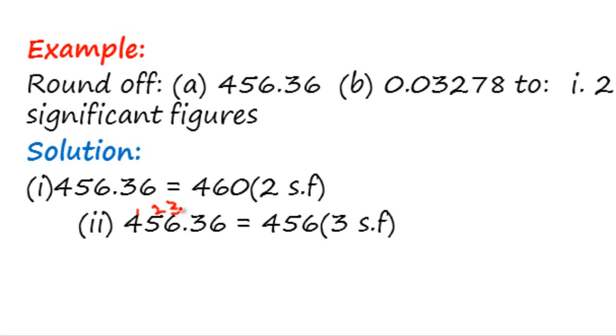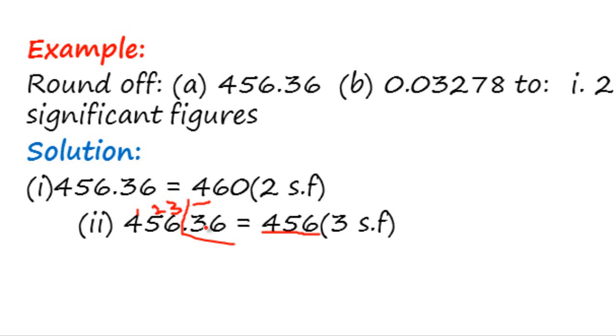Are you seeing it now? So every other number will be rounded. However, 3 is not up to 5. That means we are going to round this 3 down to 0, and we add 0 to the closest number, which is 6. So 6 remains. That's why we get 456.